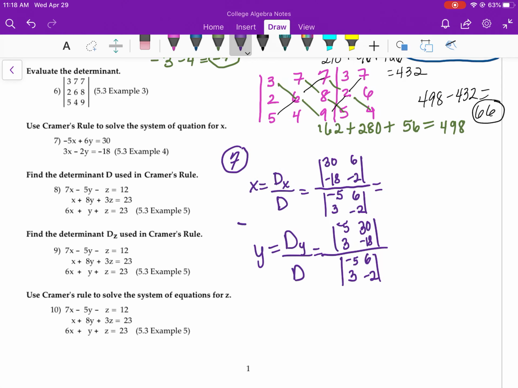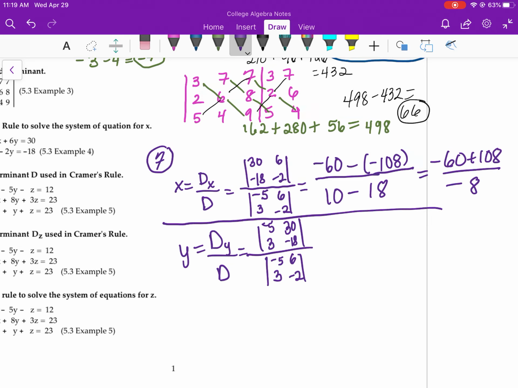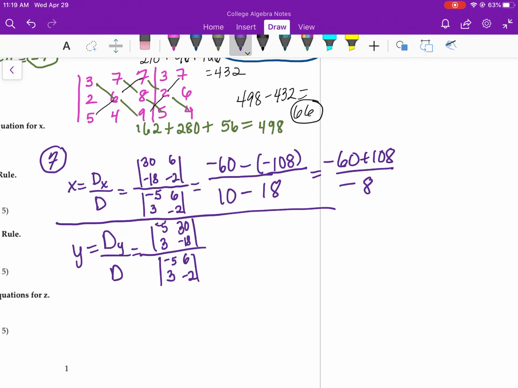So I'm going to split my work here so I don't get you all confused. On the top, we're going to have negative 60 minus 6 times negative 18, which is negative 108. Then we'll have 10 take away 18. So we'll have 48 over negative 8.